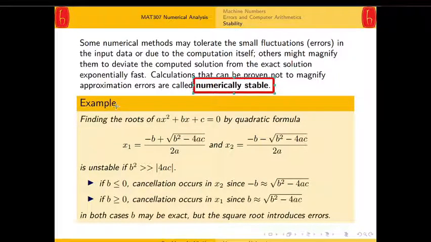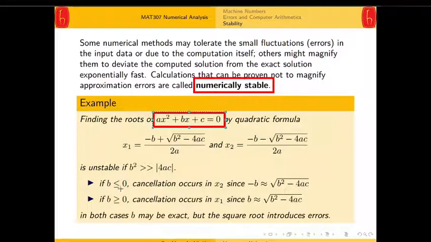Okay, so an example: finding the roots of this basic quadratic equation, we use the quadratic formula. x1 will be negative b plus the square root of delta over 2a, and x2 will be negative b minus the square root of delta over 2a. This is unstable if b squared is much greater than the absolute value of 4ac.